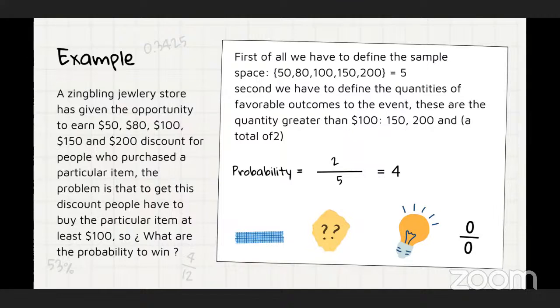First of all, we have to define the sample space, which is 50, 100, 150, and 200, with a total of 4. Second, we have to define the quantity of favorable outcomes for the event. These are the quantities greater than 100, which are 150 and 200, and the total is 2. So the probability is equal to 2 divided by 4.